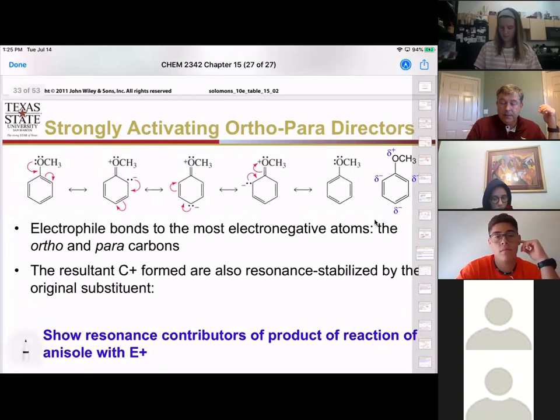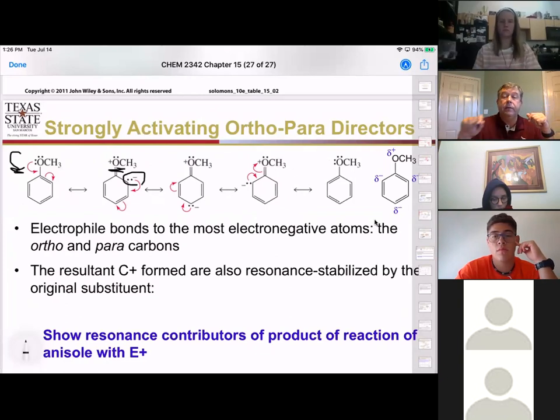Because of the resonance donation that we were talking about before, this lone pair can kick in and give us a double bond next to our benzene ring, and we're taking an anion and moving that anion around the ring. Remember, this is electrophilic substitution, meaning those electrons are reaching out and grabbing some positive charge.